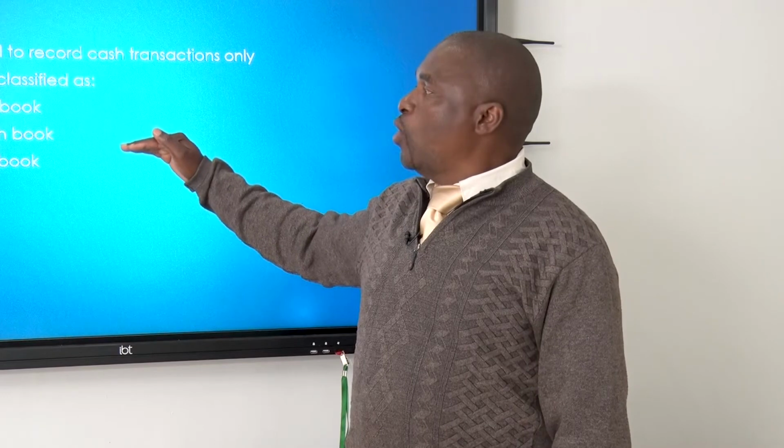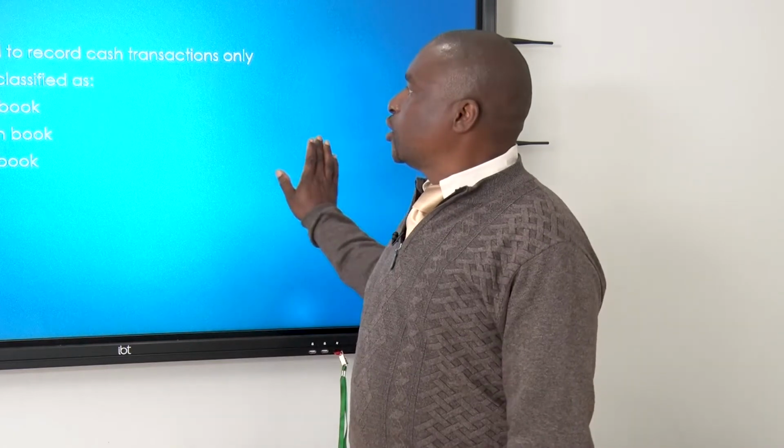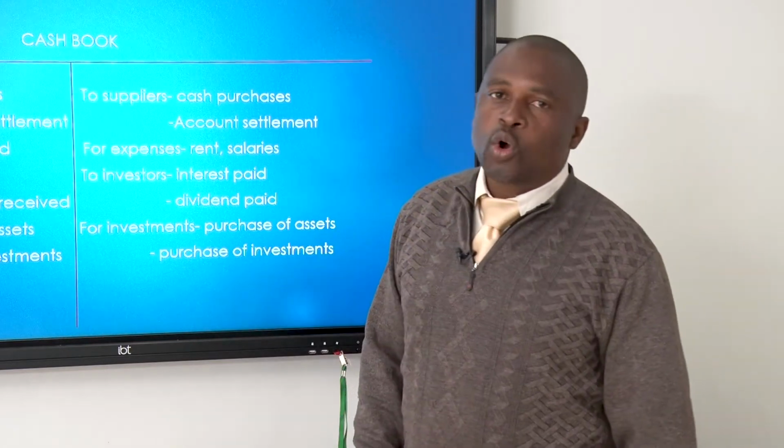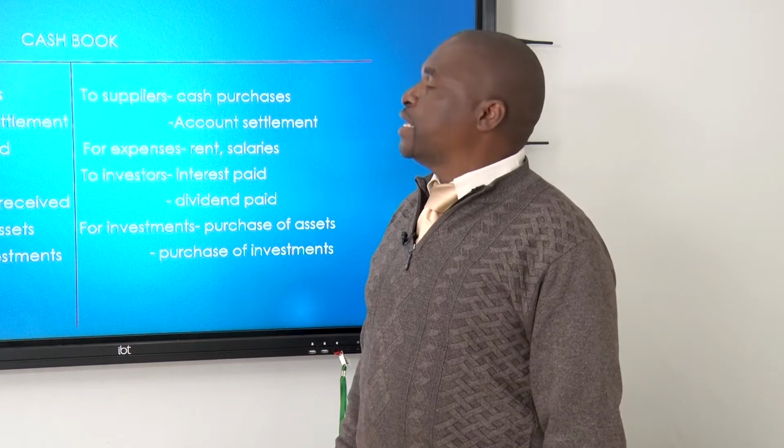There are 3 classes of a cash book. 1, a single column cash book. 2, a double column cash book. And thirdly, a 3-column cash book. So in our lesson, we are going to focus on how we make entries in these 3 types of cash books.